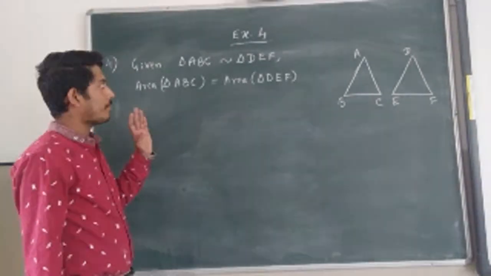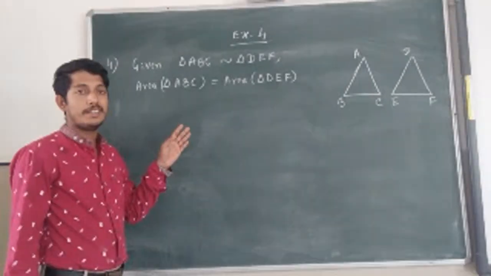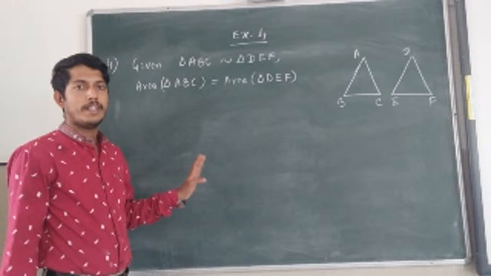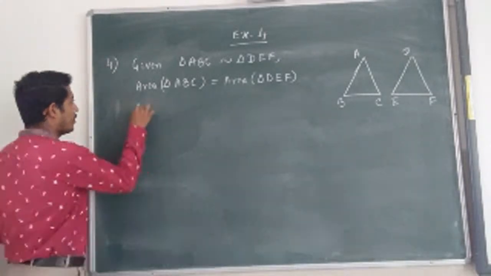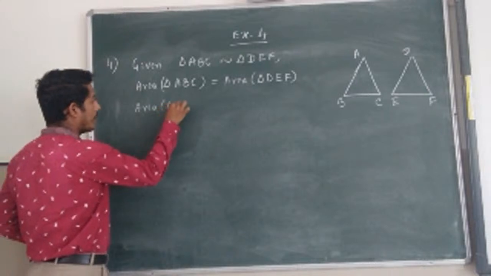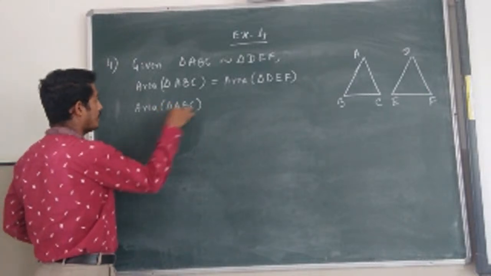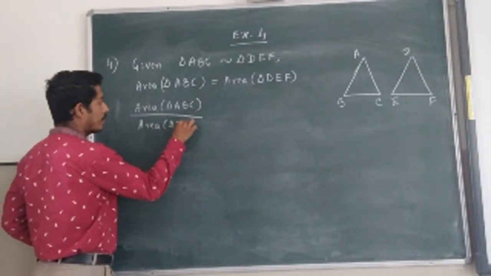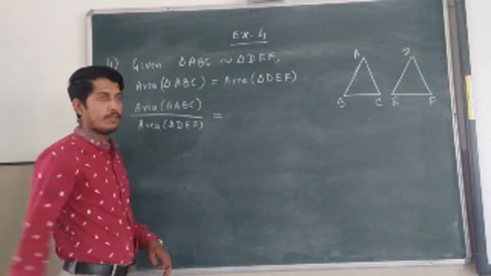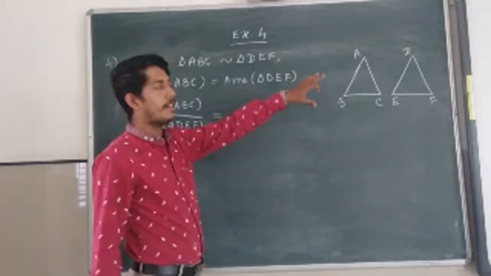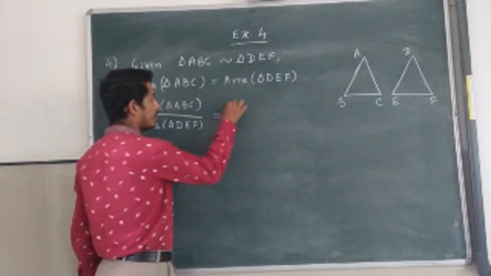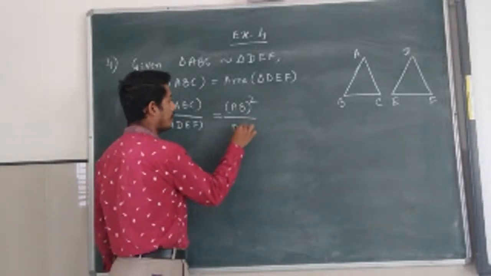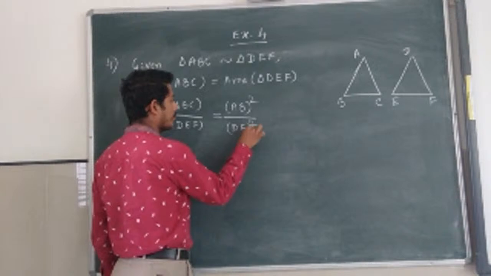And when the triangles are similar, then the squares of the corresponding side ratios are also equal to each other. That's why I write area of triangle ABC divided by area of triangle DEF equals AB square divided by DE square.